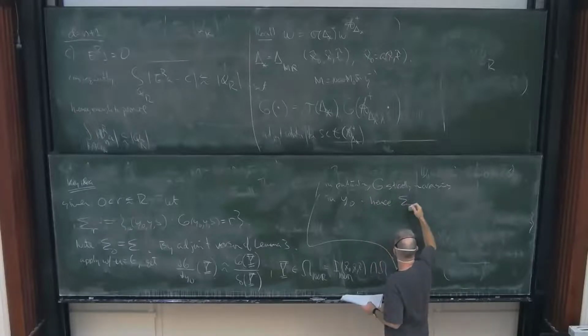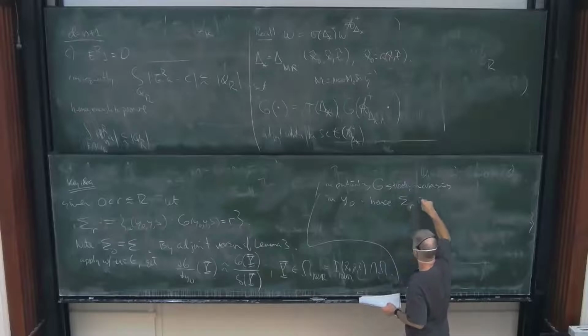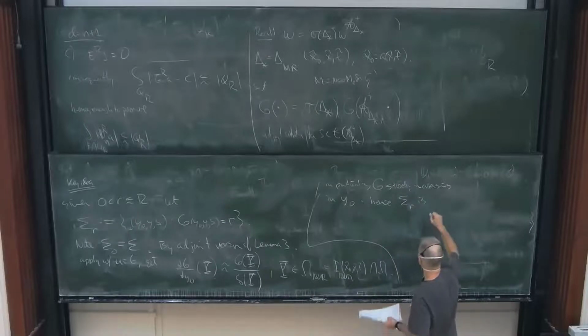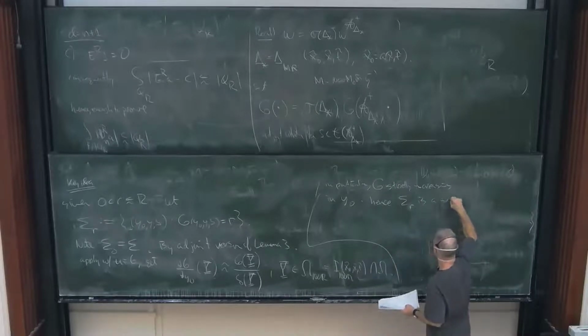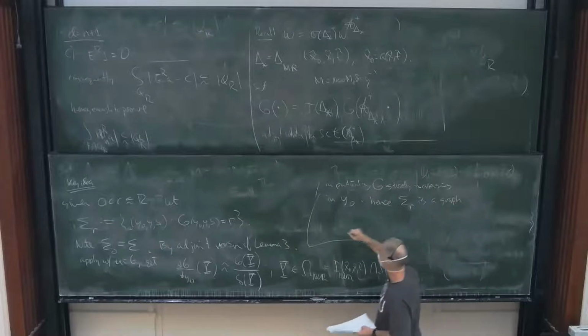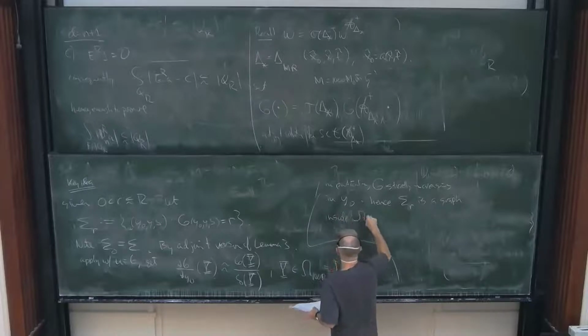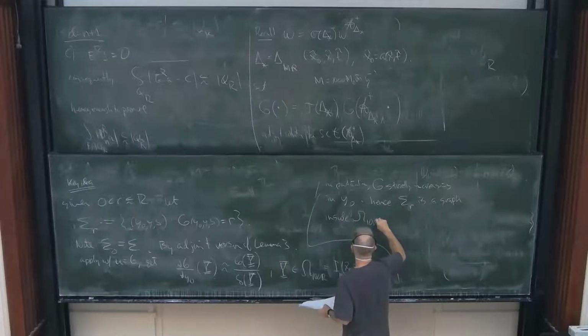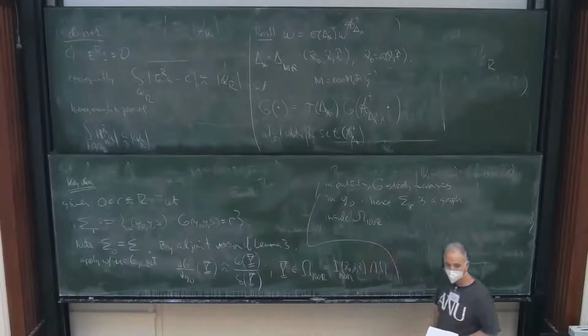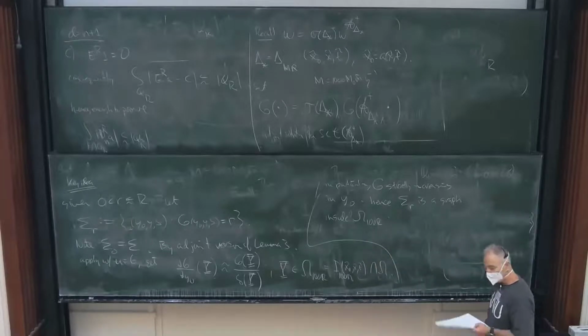Okay? And hence, sigma r, each level set is actually a graph inside omega 100r. Okay? All right?